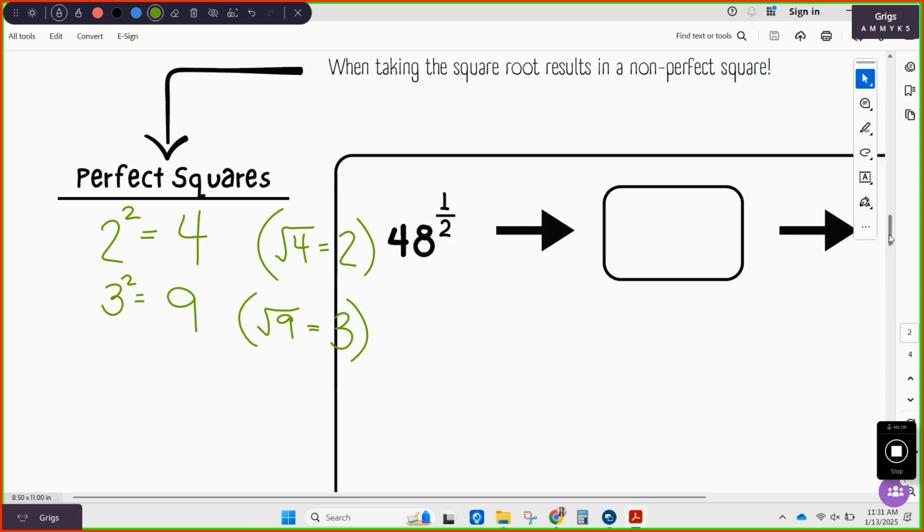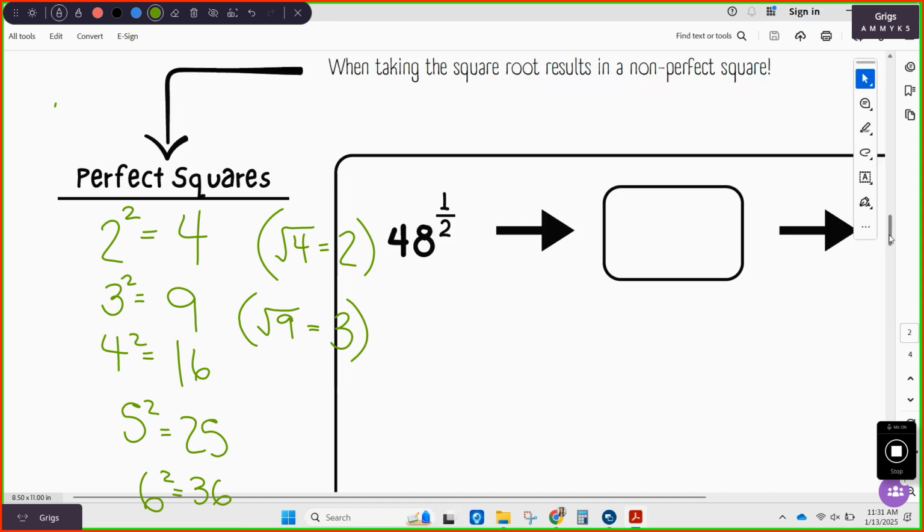So 2 squared is 4. 3 squared is 9. 4 squared is 16. 5 squared? 25. 6 squared? 36. Okay, I'm going to write on this side so my people in the back can see.